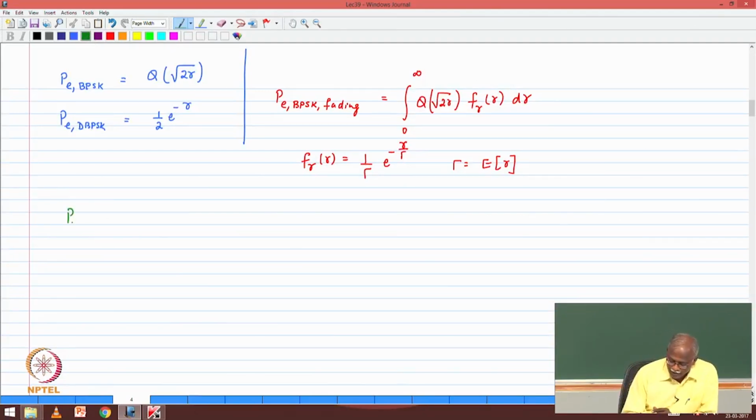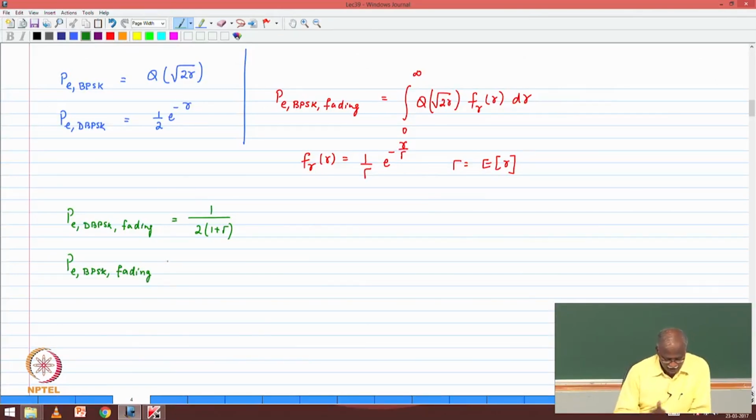So probability of error of DBPSK was a fairly straightforward integral for fading. Basically, it was a one-step answer, which came out to be 1 over 2 times (1 plus gamma). On the other hand, the probability of error of BPSK, because of the Q function, did require some additional steps, a change of variables, and then the use of standard results.